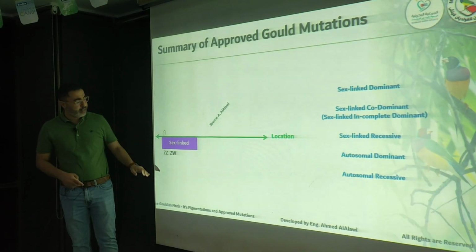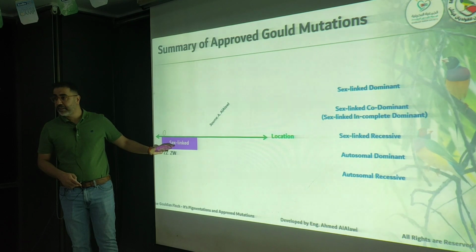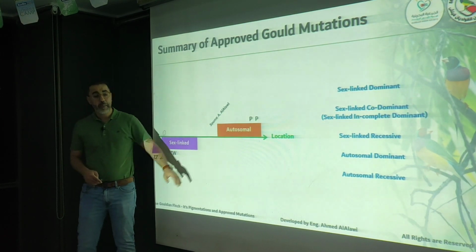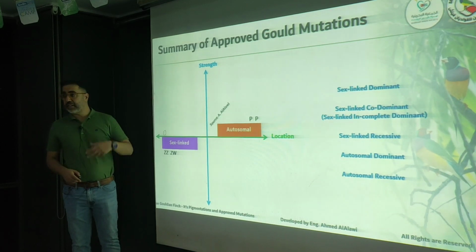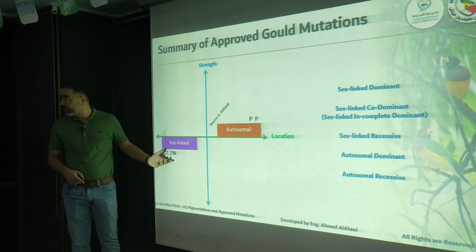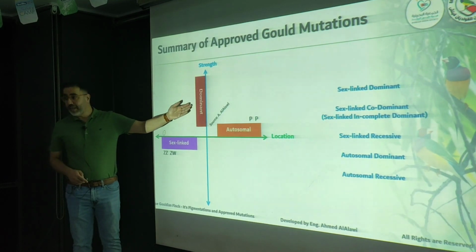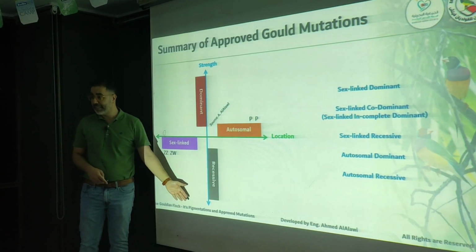On that axis, I will have sex-linked or autosomal. And then the y-axis is the strength of that feature: is it dominant or is it recessive?